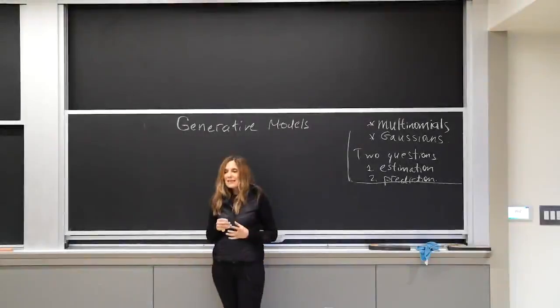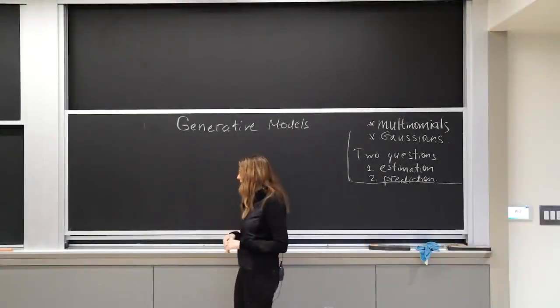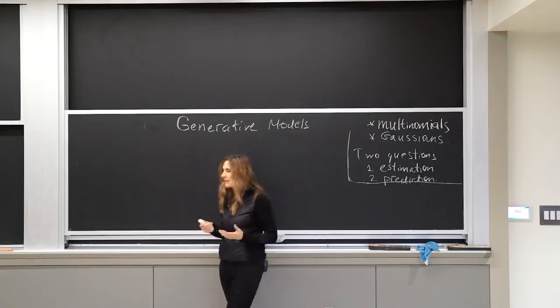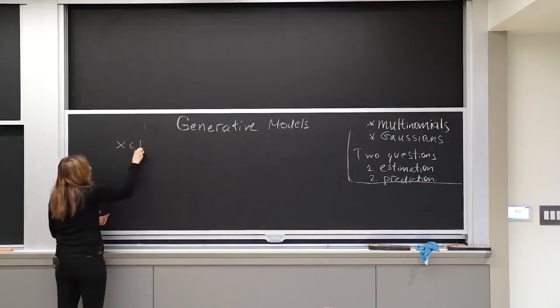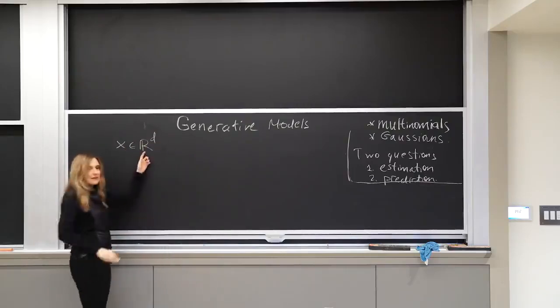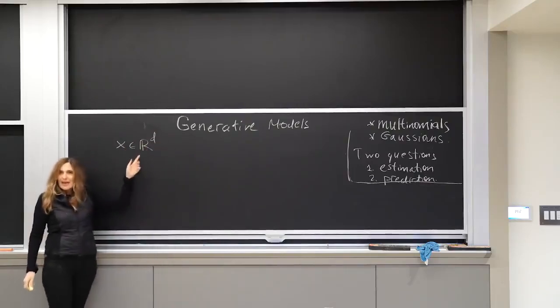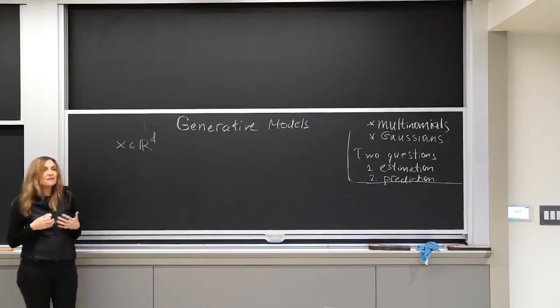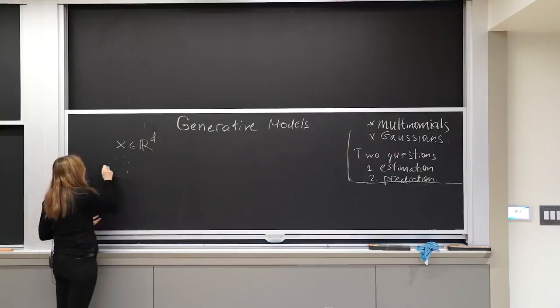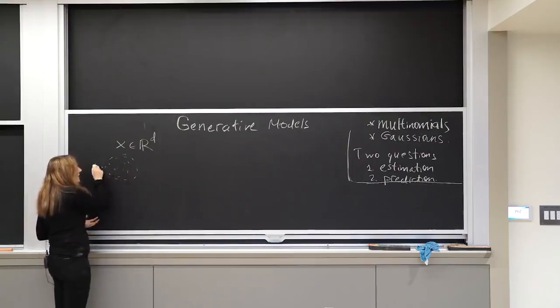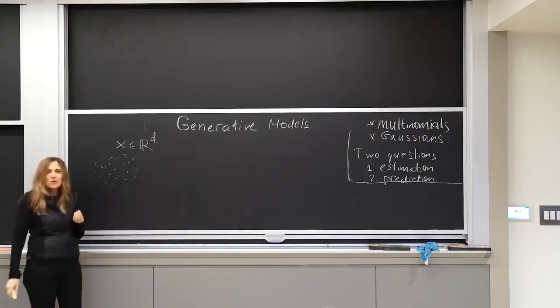So now we will start talking about Gaussians. And it is appropriate to use Gaussians when we are looking at vectors in R^D. And again, D is the dimensionality of the space. And Gaussian is maybe the most vanilla distribution, where we are looking at a cloud of points. And the way we are going to describe these points is by two parameters.